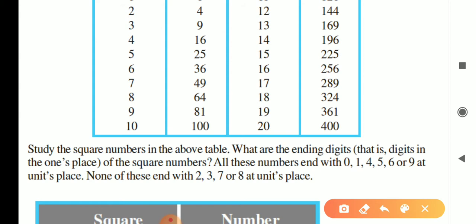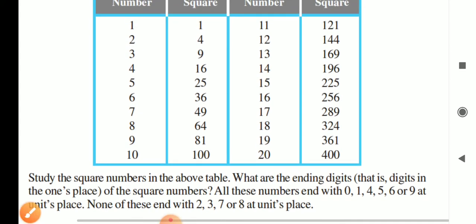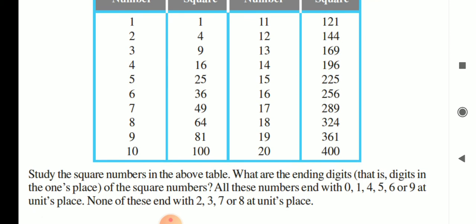What are the ending digits, that is, the digits at the one place of the square number? You can see that 0, 1, 4, 5, 6, 9 are at the unit place.